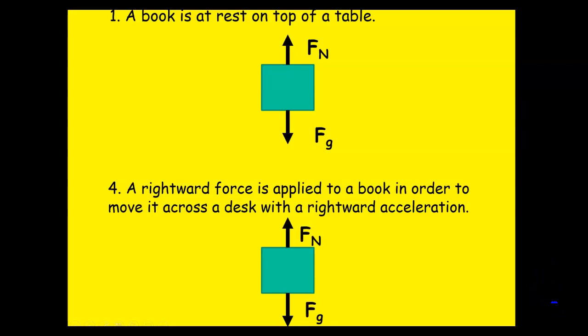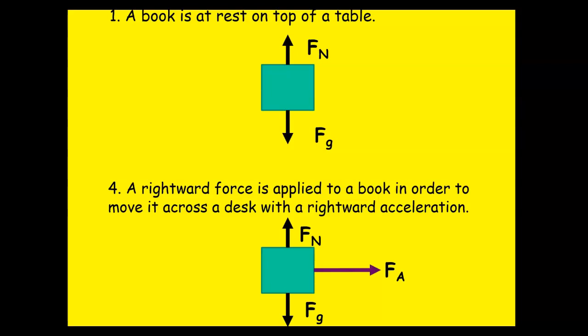Then, because the applied force is being pushed to the right, the arrow, in this case, looks like a pulling force because it's on the other side. This is F of A because it's applied. But all you want to make sure is that it's a rightward force.